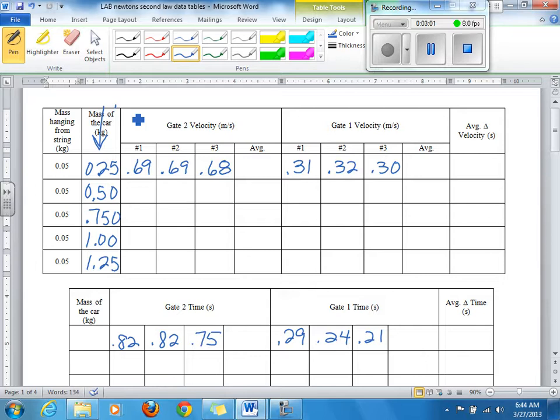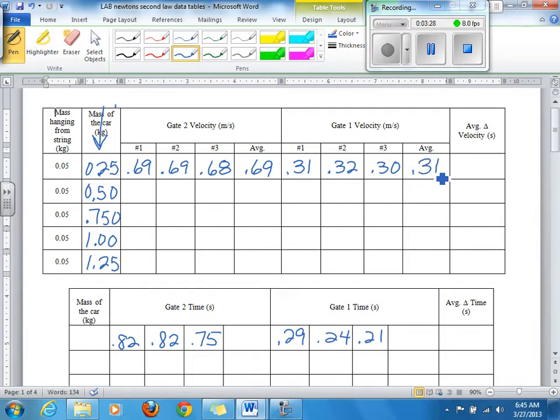So my average is going to be 0.69. Throw it in your calculator, divide those numbers by 3, and you're going to see that it's that. I picked 0.69 because those are right next door to each other, and I had 2 0.69s. With the next one over here, I've got 0.31, 0.32, and 0.30. You look at them right next door to each other, the 0.31 is right in the middle.